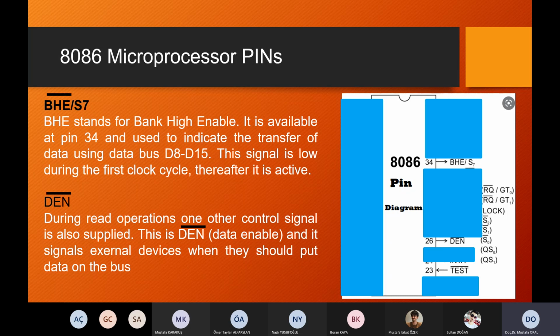Therefore, if you want to read one word from the data bus, the RAM has to put the lower byte, then the higher byte to the data bus. After that, the 16-bit information is brought through the data bus to the microprocessor. So it signals the outer device, the RAM, that it is ready to read or ready to write the higher byte of the information.